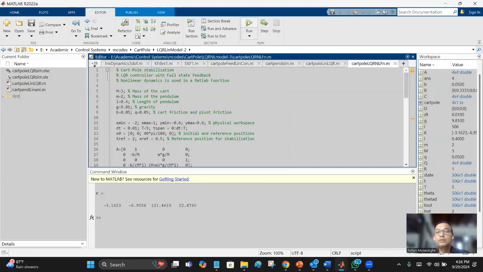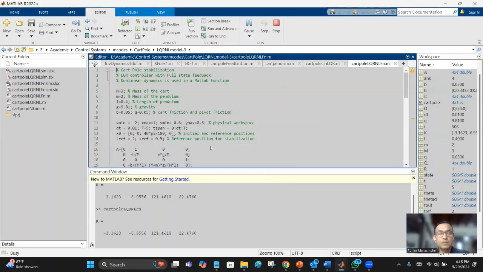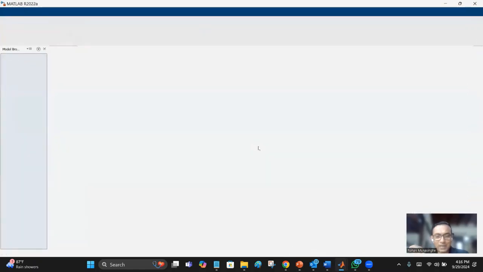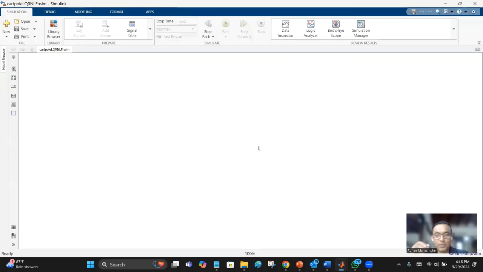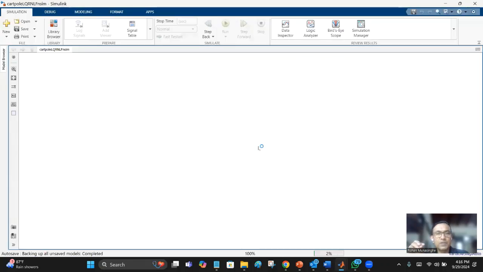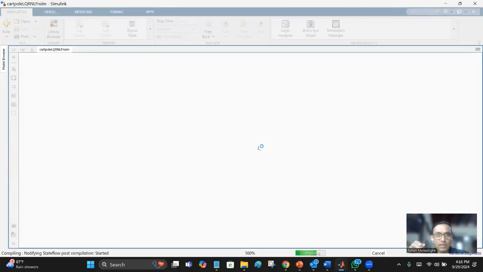Now here, you are running the nonlinear model of the cart-pole with a linear controller, right? It is not the right way, but it's a very significant step in your design process to see how far the linear quadratic regulator can cope with the nonlinear dynamics.